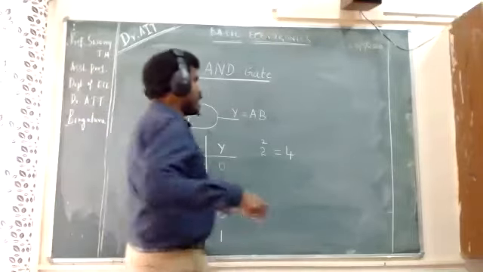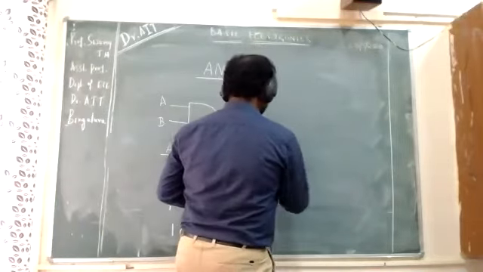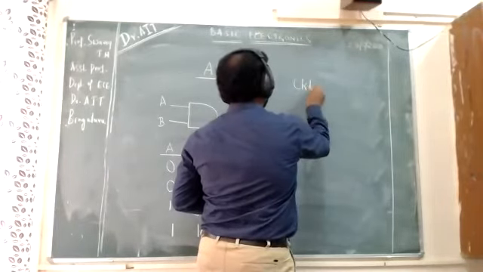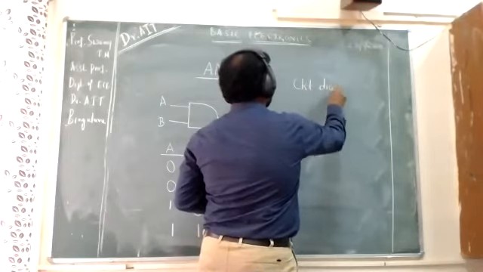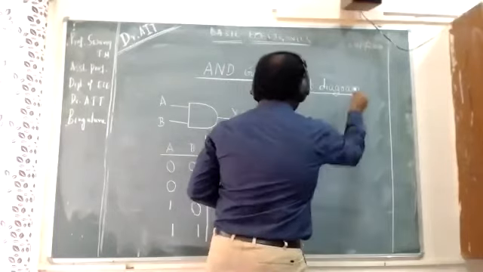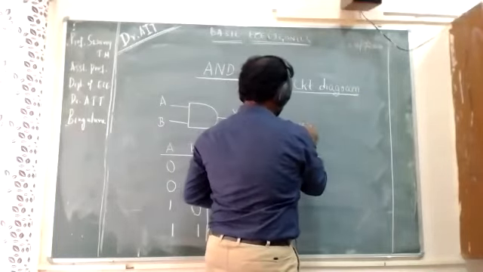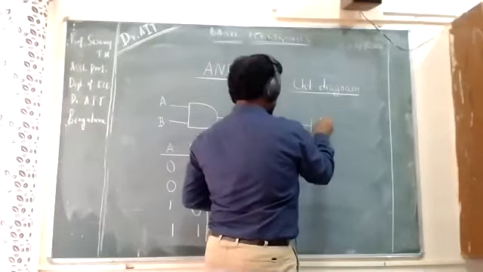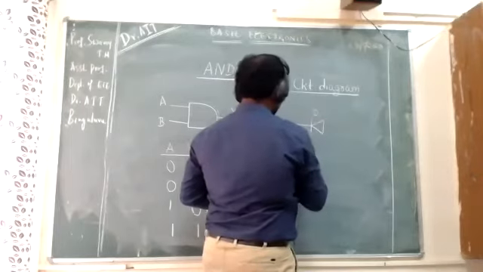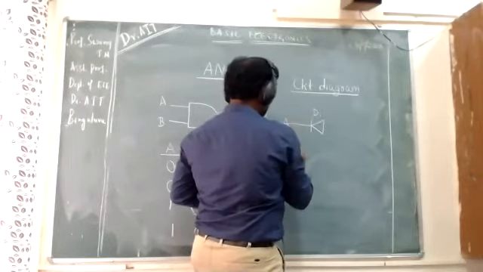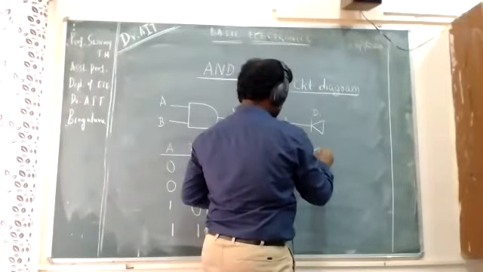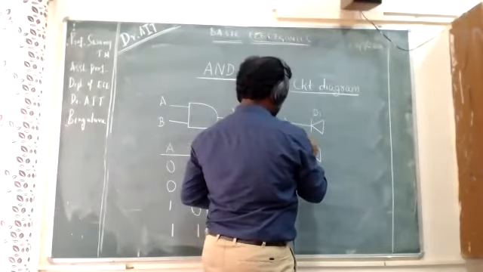Then I will draw the circuit diagram for the AND gate. The circuit diagram for the AND gate is like this. We are representing it in terms of diodes. Let me assume that this is diode D1 with input A, and this is another diode D2.